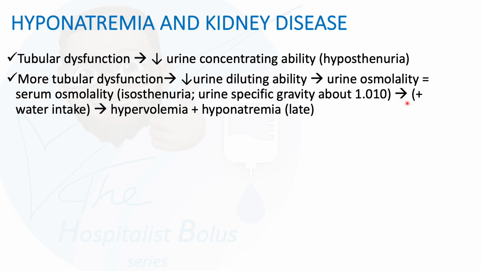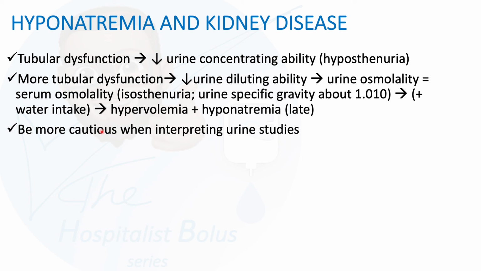So this usually happens in advanced kidney disease. And if you add to this that the patient is having more water intake, then the patient might develop hypervolemia and hyponatremia. So this really happens late in patients with advanced kidney disease, especially if they're not making much urine and they are in end stage renal disease status.